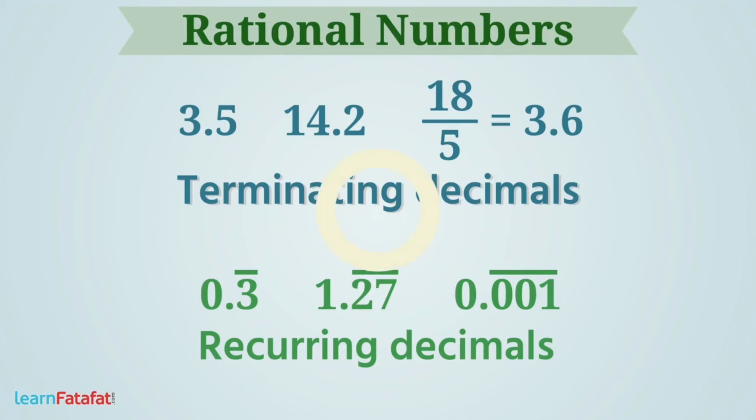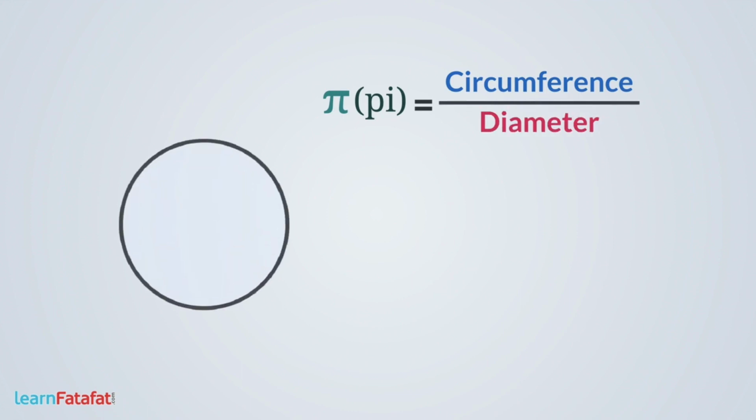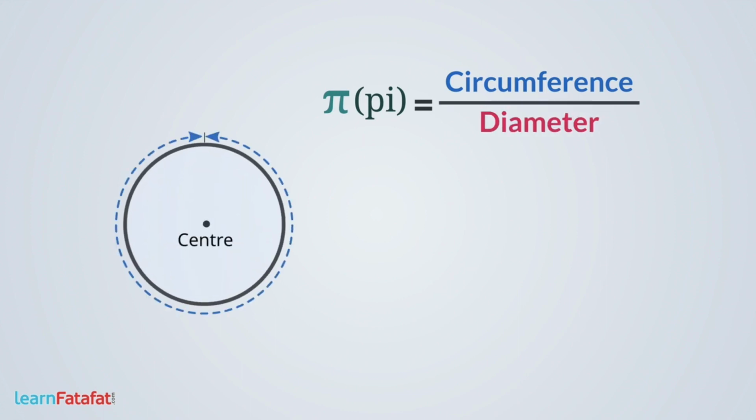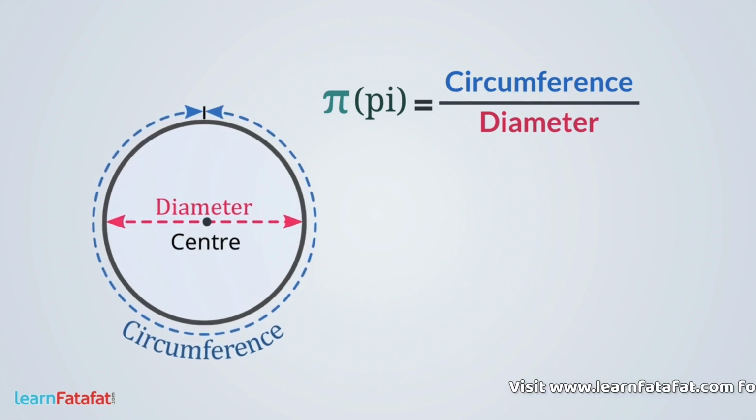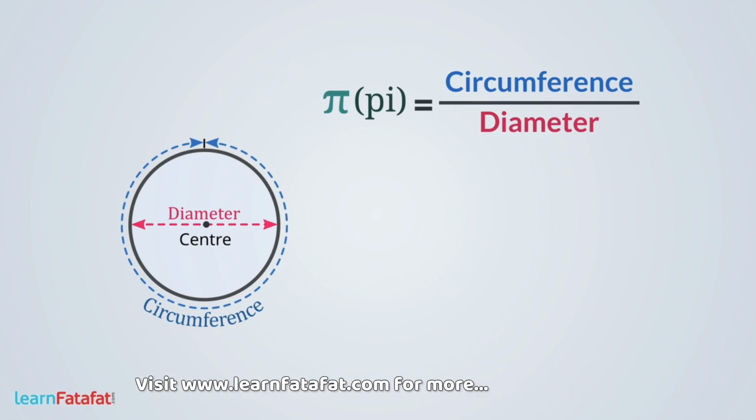Now consider a famous value, pi. Pi is the measure of the circumference of a circle divided by its diameter. Circumference is the length of the edge of the circle and diameter is the length across the circle passing through the center. Independent of how big or small the circle is, the value of pi remains the same.